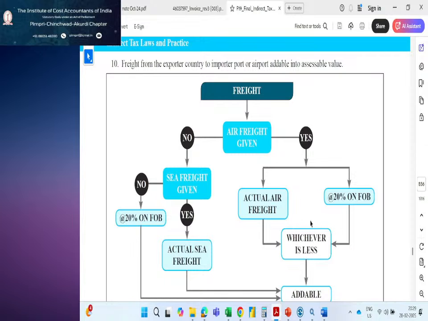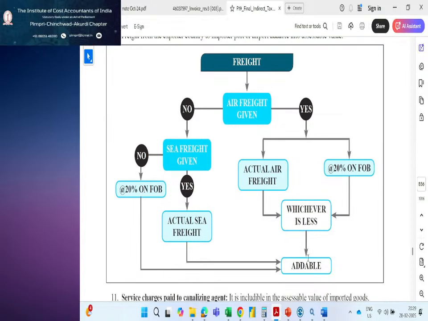Whichever is less, that we need to consider. So this is the first condition: you are importing through air freight, so we see the actual air freight and the 20% on FOB. Out of that, whichever is less, that we have to consider.